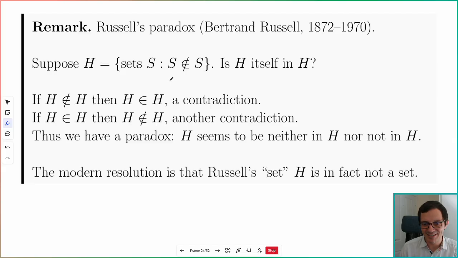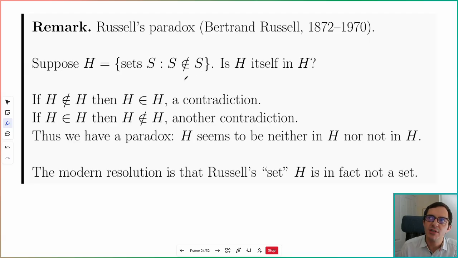This is another contradiction. It seems either way we have a contradiction. We don't know whether H is a member of this set or not. So H is neither in H nor not in H. And this is a problem if your definition is permissive enough to have any collection of stuff with anything written out like a property.